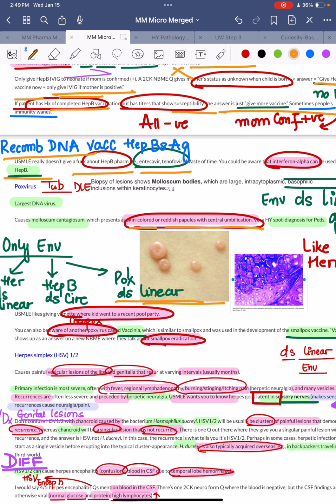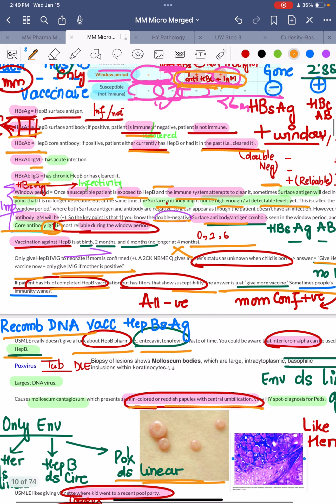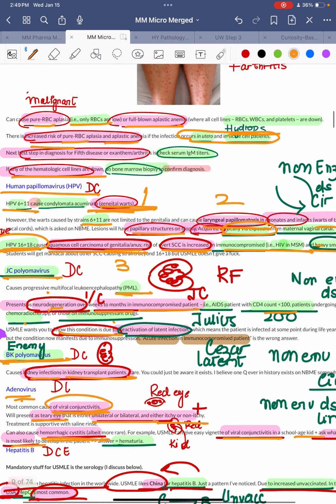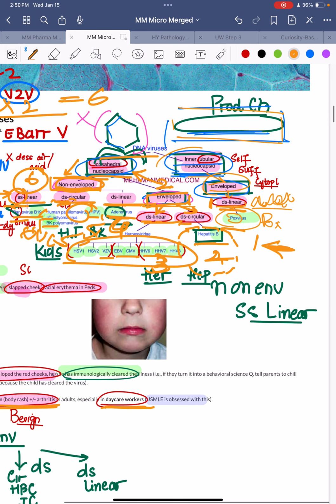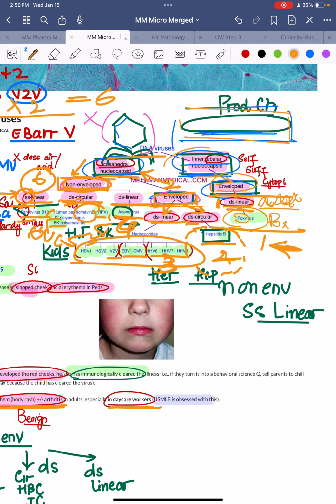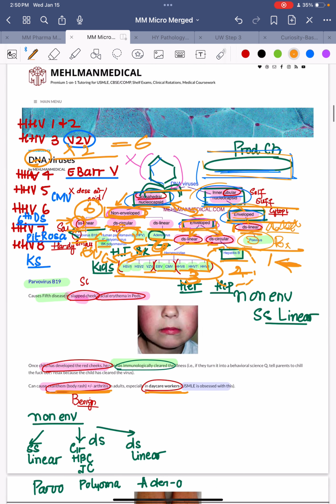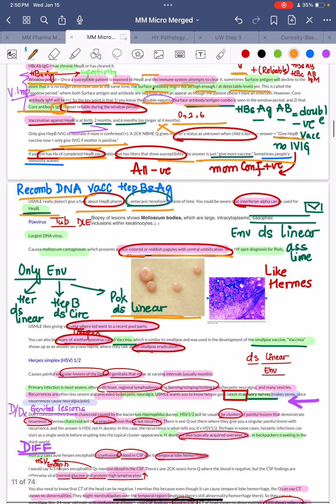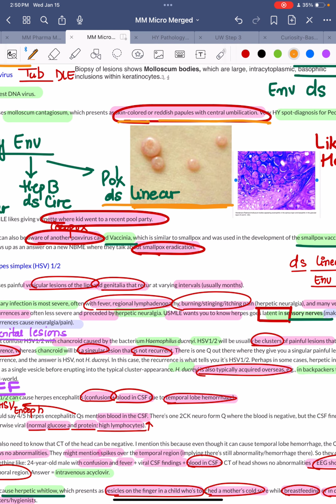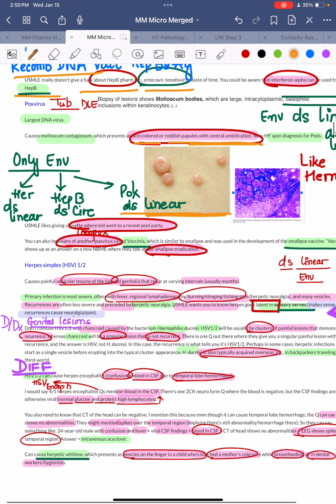It was the simplest viral characteristics that we studied in the previous video: double-stranded linear, and then we said it is enveloped, and then we said it has an inner tubular nucleocapsid. So if you have an infection by this virus, which presents as skin-colored or reddish papules with central umbilication, the diagnosis is known as molluscum contagiosum, and this is the largest of the DNA viruses, known as the pox virus.